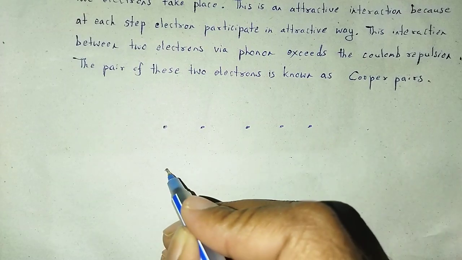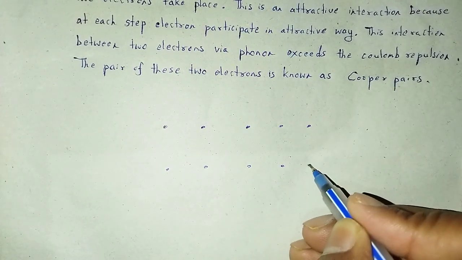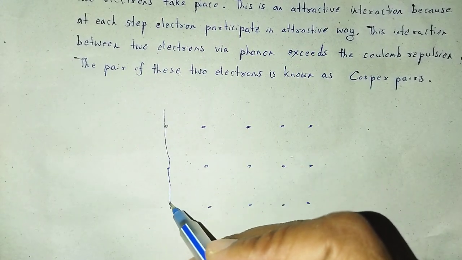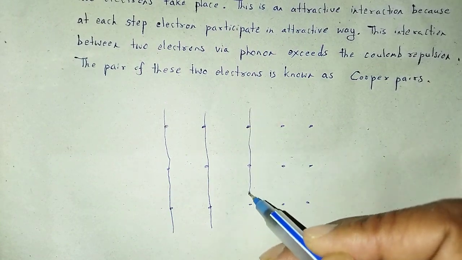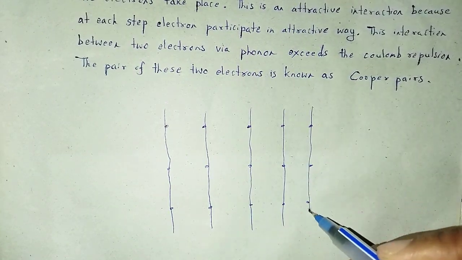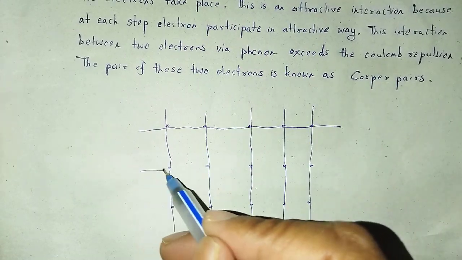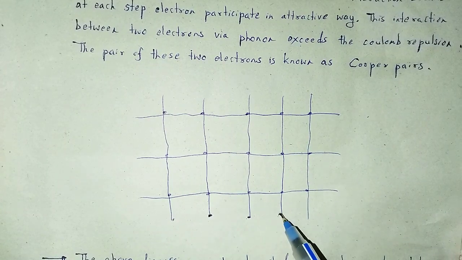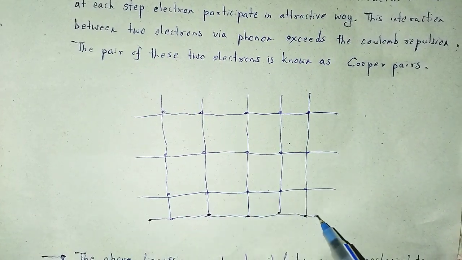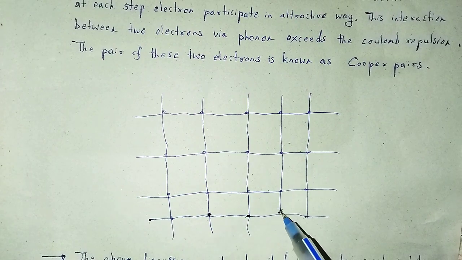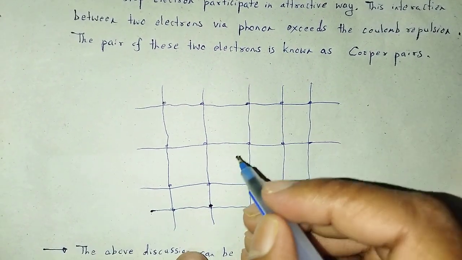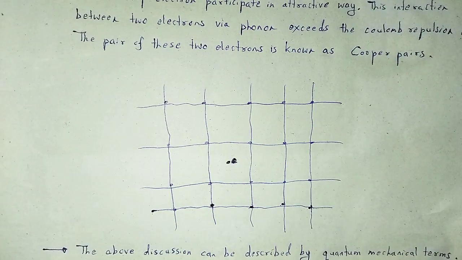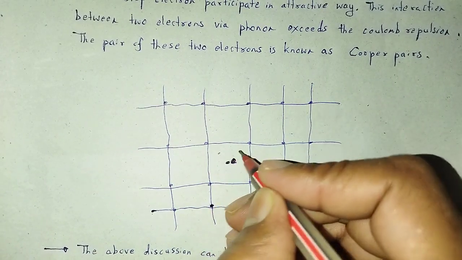Here are the positive ions, here is the electron, and now these are the distorted positions.